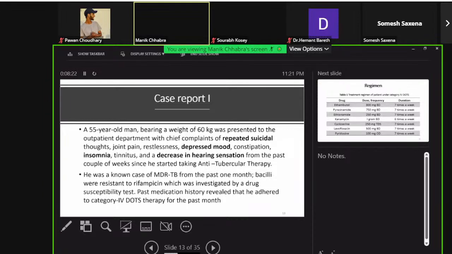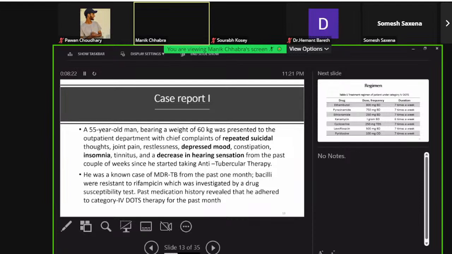But anyway, if we see this drug chart, hearing loss is a side effect of aminoglycosides, and kanamycin in this treatment chart is an aminoglycoside. This hearing loss was associated with kanamycin, and the suicidal tendency was associated with cycloserine. And how we ruled this out in a real-time scenario while discussing with the patient: in the patient history, he had complaints of reduced sleep with anxiety and repeated suicidal thoughts immediately after 2 days of intake of the suspected medication.